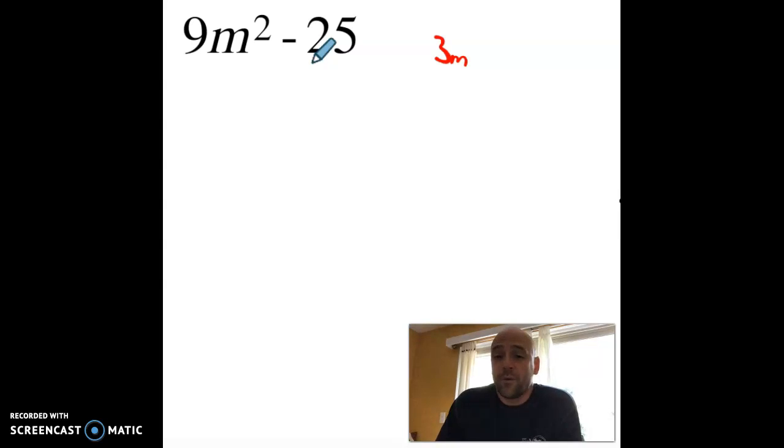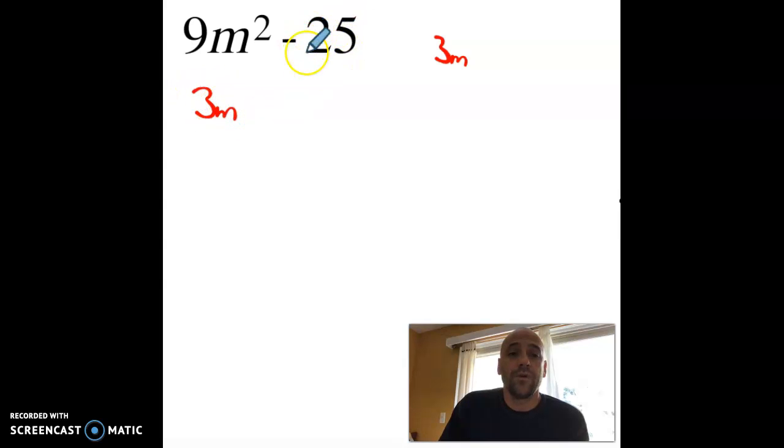Okay, that's our pattern. It's fitting that pattern. We recognized it. So this is called a difference of squares pattern. We're going to take that 3m and the root of our second term of 5. We're going to take those two terms. In one parenthesis, it's going to be plus, so 3m plus 5. In the other parenthesis, we're going to do those same terms with a minus.